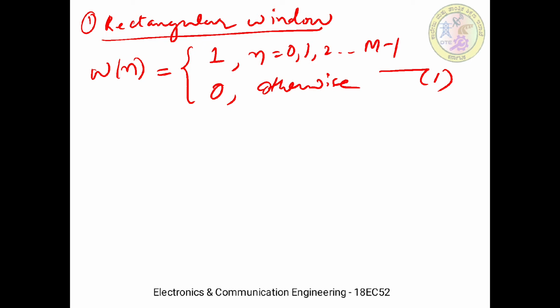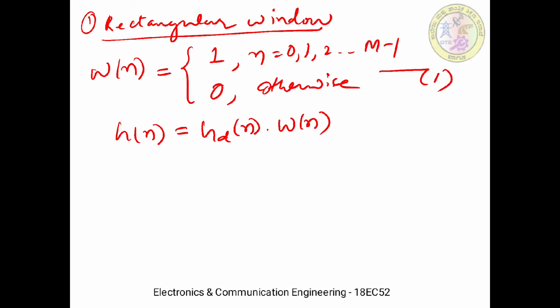From equation 1 we can see that W of n is a sequence having finite length. Whenever it is multiplied with HD of n, the resulting product will be finite, and that length will be equal to the length of W of n. Thus the unit sample response of the FIR filter is given by h of n equal to HD of n into W of n.